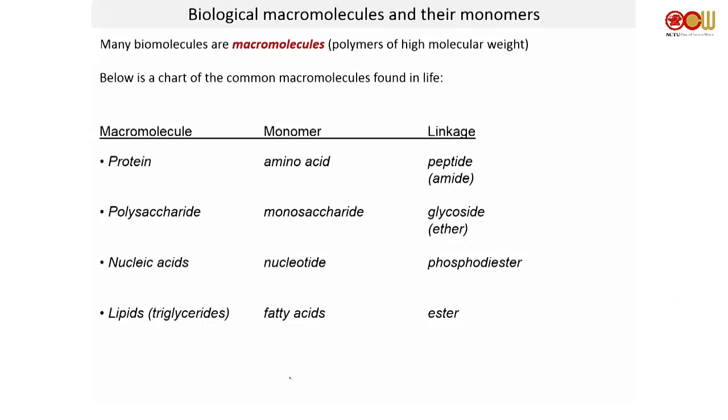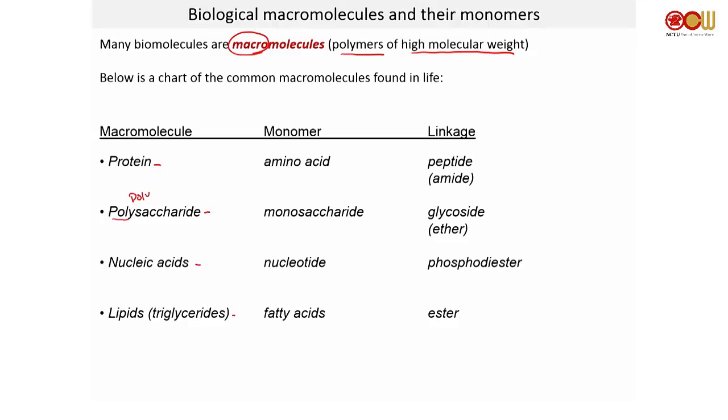Biological macromolecules and their monomers. Many biomolecules are macromolecules. What are macromolecules? They're polymers of high molecular weight. So below is a chart of common macromolecules found in life. Macromolecules like protein, polysaccharide, nucleic acids, lipids.